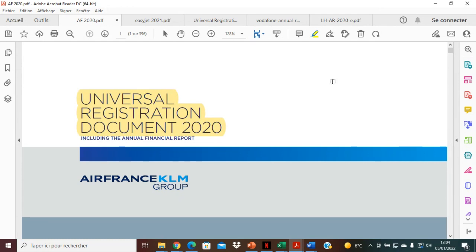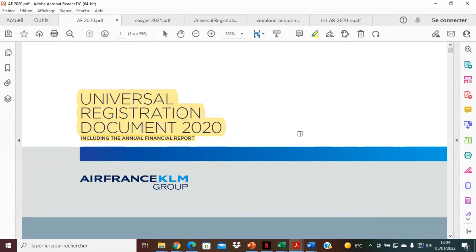And in France, the Universal Registration Document is a document that includes, as it says here, the annual financial report, so the financial statements. But in addition, we have some other information that is not necessarily financial, such as the legal situation of the company and so on.